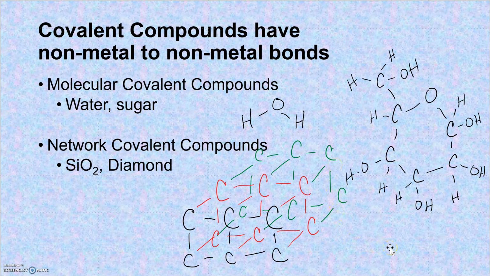It's like a never-ending network bonded, all carbon. Or another example is silicon dioxide, which is sand. It's also a very hard crystalline material, made up of silicon and oxygen, which are both nonmetals, and that means that's a covalent compound. So a molecule is a discrete entity, one oxygen, two hydrogens. Here's a sugar molecule over here, but a network covalent can grow in all directions indefinitely.